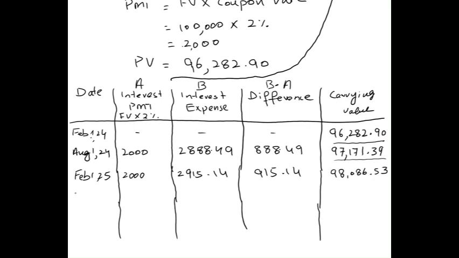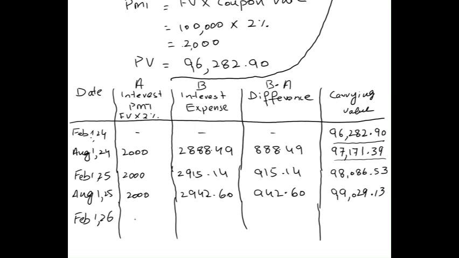And then you continue on to August 1st, 25. This will be 2,000. This will be 2,942.60. The difference will be 942.60. And then this will get added to this carrying value. This will become 99,029.13. And then we have the last payment on February 1st, 26.